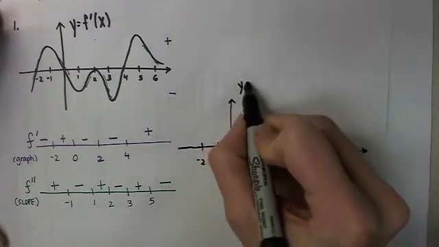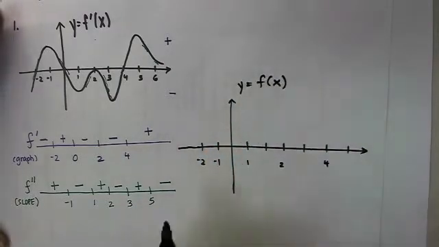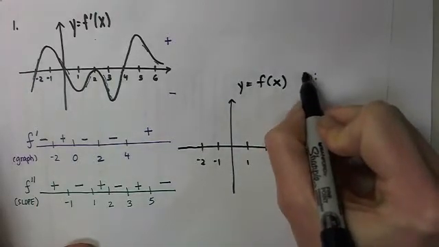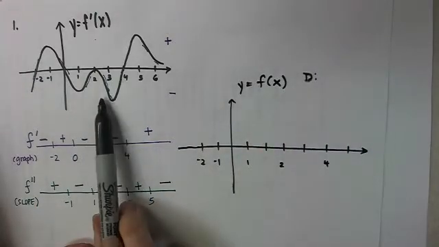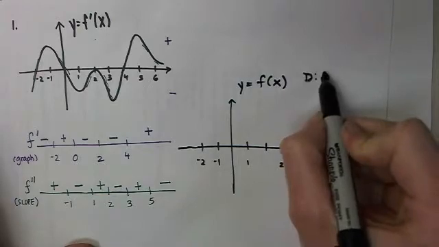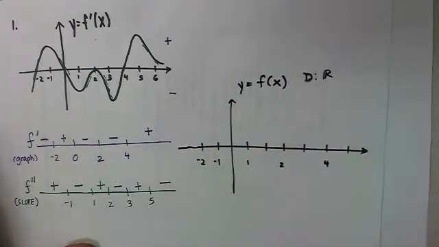Now, sketching a graph of the original function, something to keep in mind is the domain. The domain of the derivative is all real numbers, so the domain of the original function also has to be all real numbers. If there was a place where the function didn't exist, the derivative wouldn't exist there either.